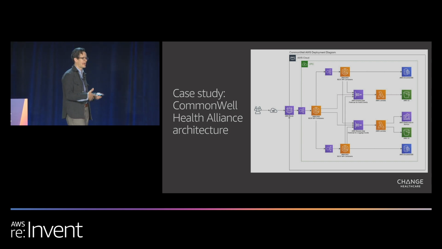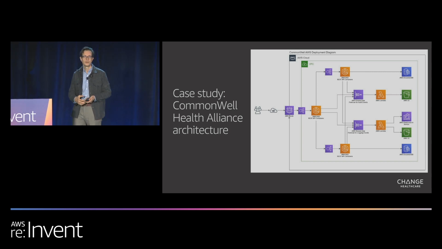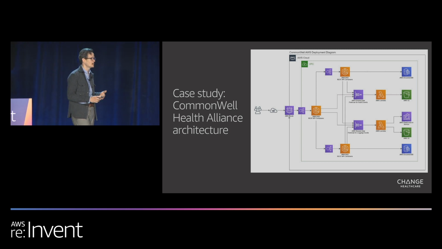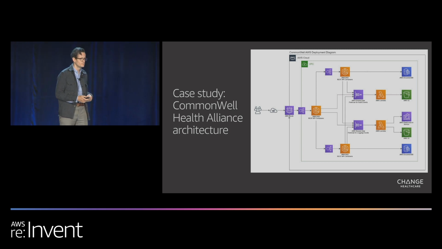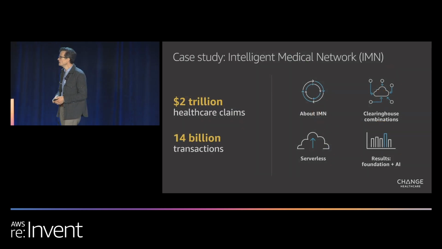So when we get hammered with queries by Care Everywhere, Epic customers who are looking for data, or when we light up other networks, it just happens. It just scales up, and it scales up in a cost-effective way, so that we're not buried under AWS consumption. So that's Commonwealth.